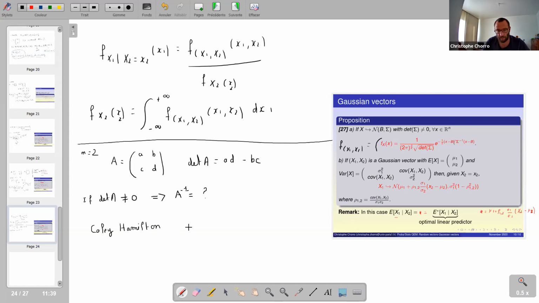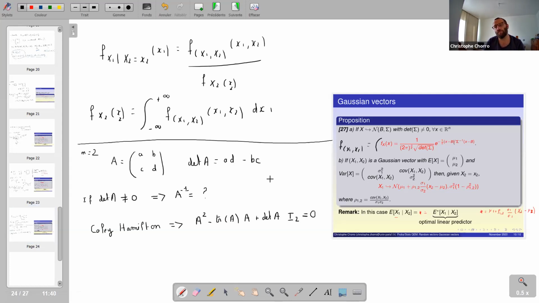It tells you that if A is a matrix of size 2, then necessarily A squared minus the trace of A times A plus the determinant of A times the identity of size 2 is equal to 0.